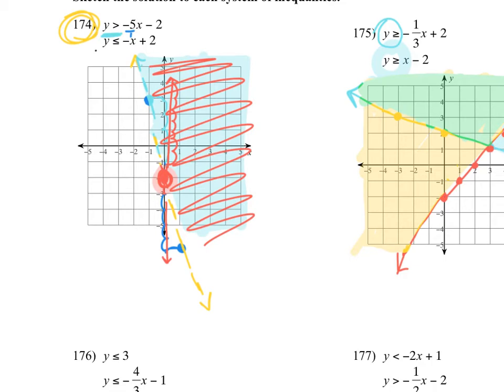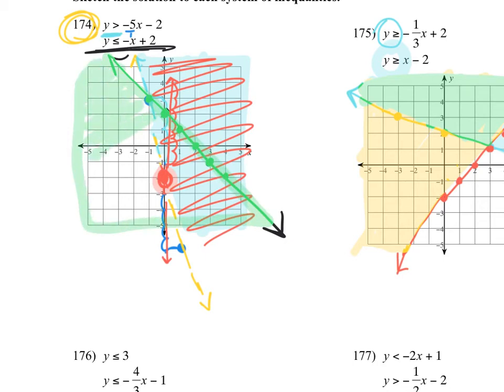So I forgot to actually do the second equation. Let's start at 2, and then I'm gonna go down 1 over 1, down 1 over 1, down 1 over 1, down 1 over 1, and up 1 over 1. Okay, and it's gonna be a solid line. So there's my solid line, and it is less than. So my less than is going to be below this line.